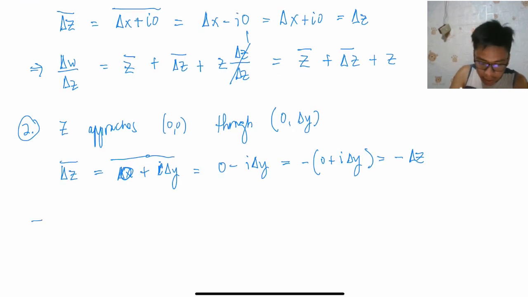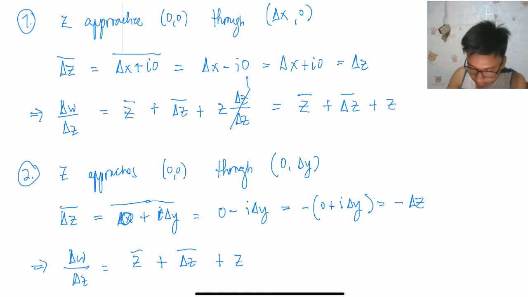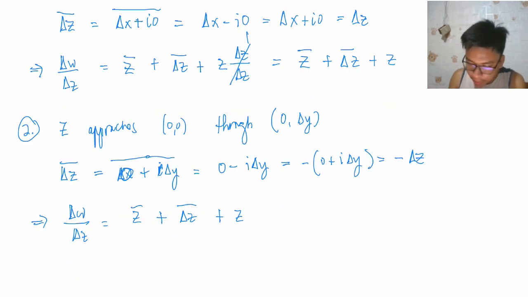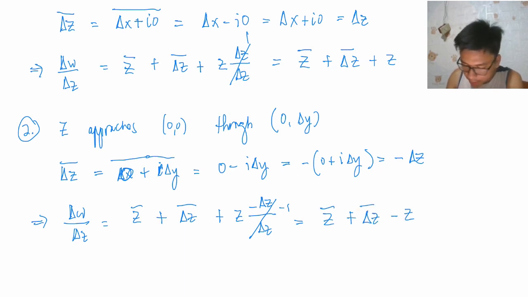So your delta w over delta z is z bar plus delta z bar plus z times delta z bar over delta z, which in this case is negative delta z over delta z, so this is negative 1. So you would have z bar plus delta z bar minus z.